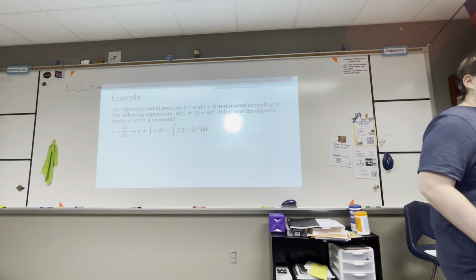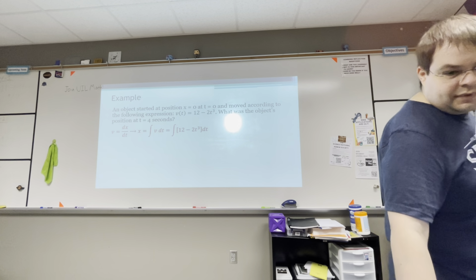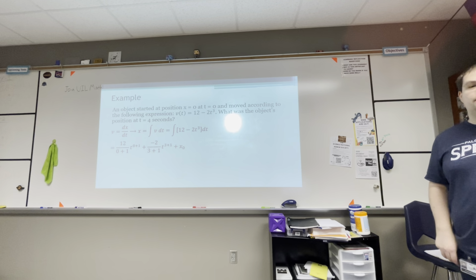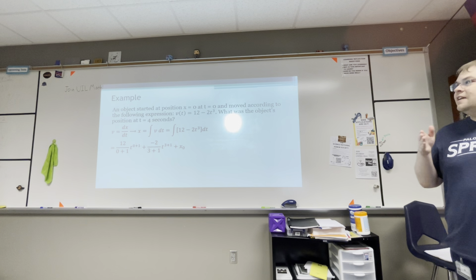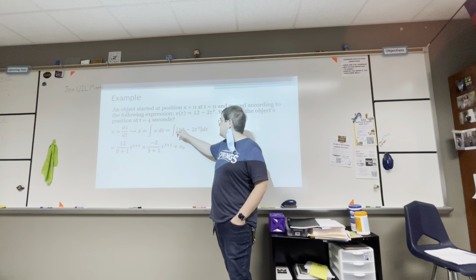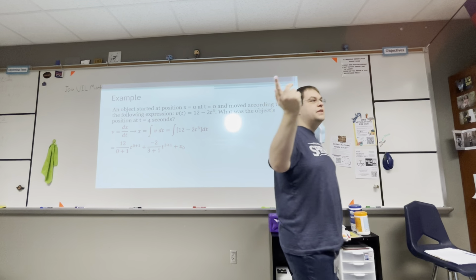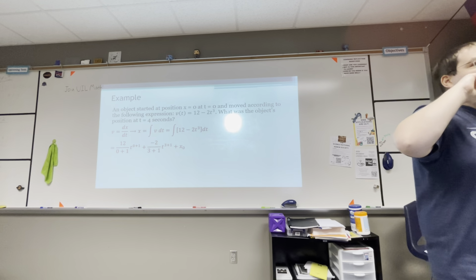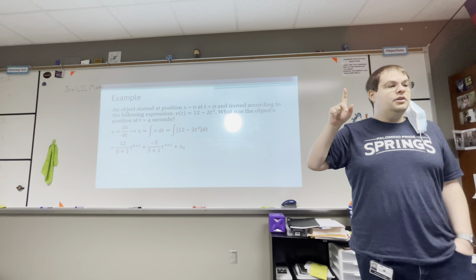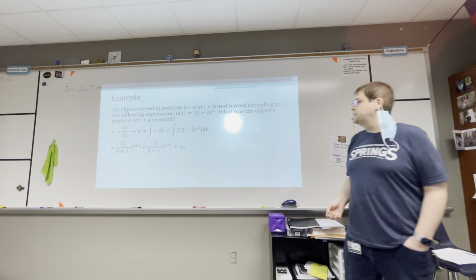So we're going to do the reverse of the power rule. Well, that 12, it's as if it has the t next to it, but t to the 0, because anything to the 0 power is 1. So the t is technically there as if it was t to the 0.